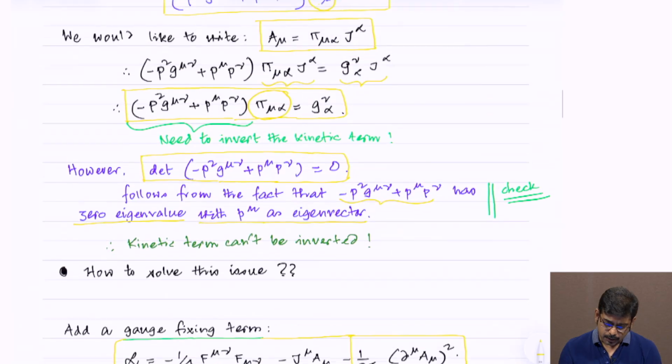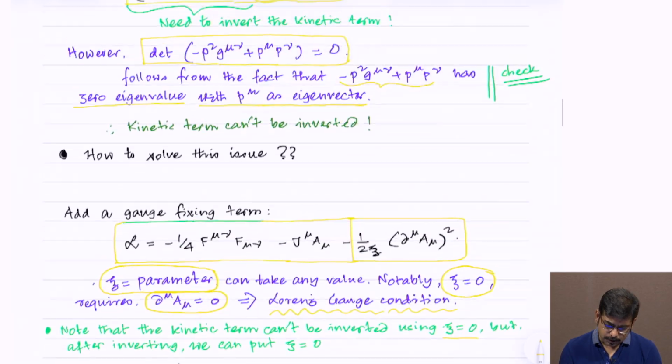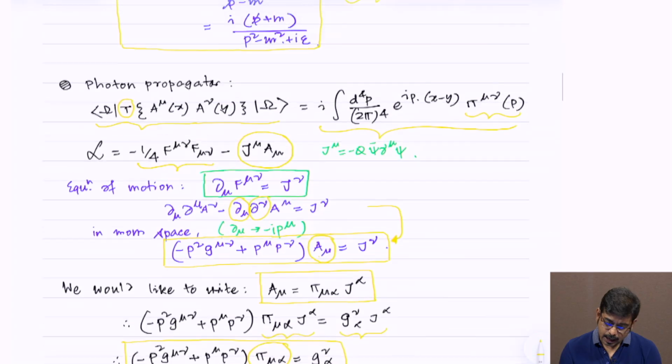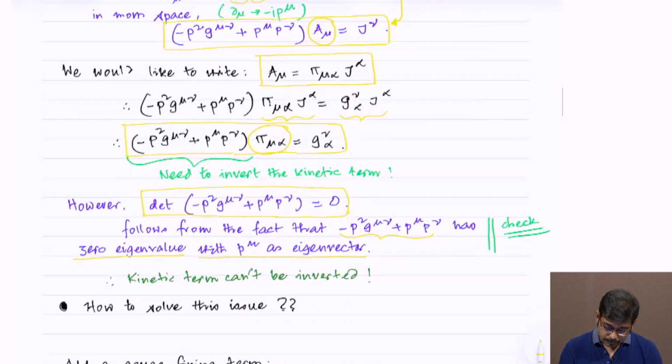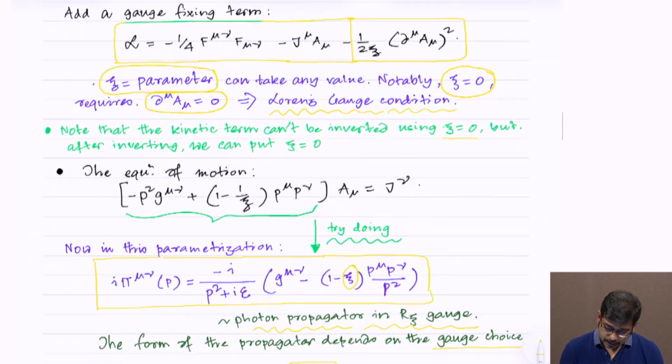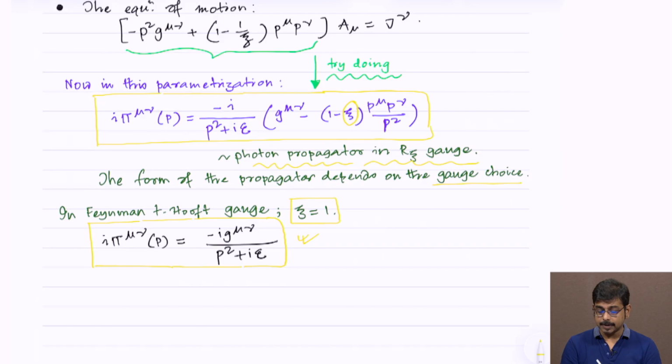With that we find that the propagator associated with the fermions is something like i times p slash plus m over p square minus m square plus i epsilon, and for the photon it turns out to be minus i g mu nu over p square plus i epsilon in a specific gauge where zeta or xi is equal to 1.